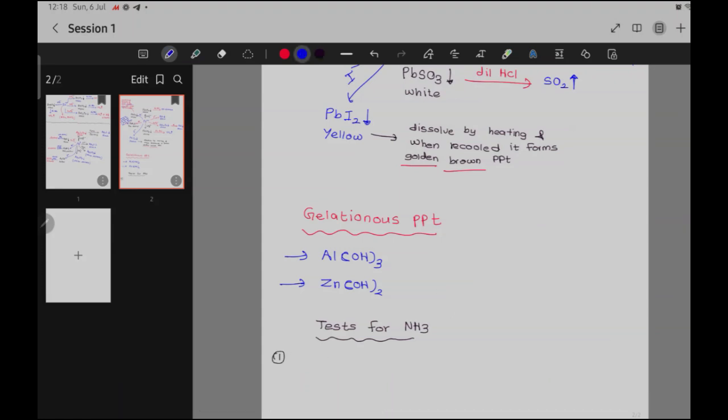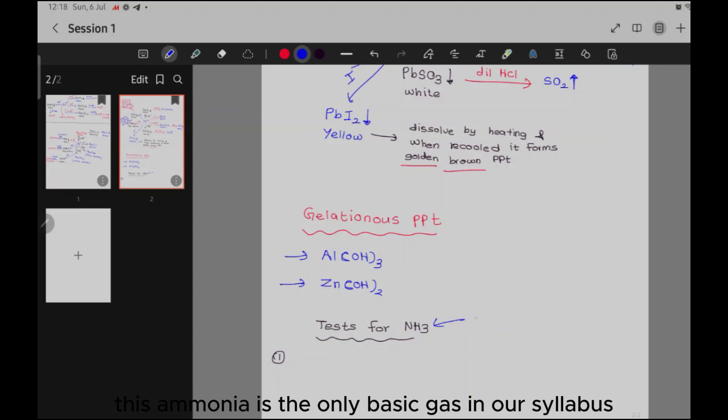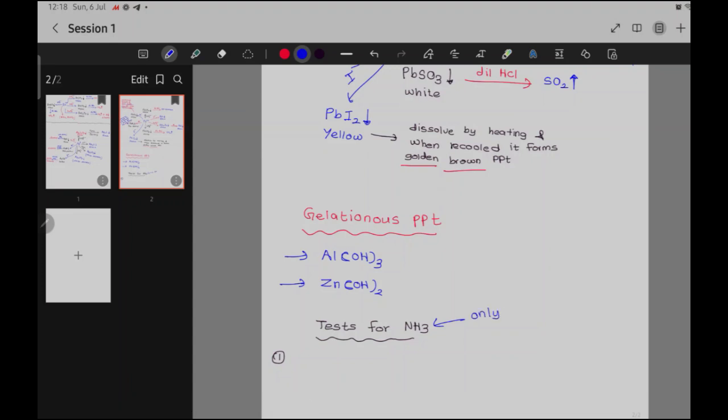This ammonia is the only basic gas in our syllabus. Remember that, only basic gas. There is no other basic gas in our syllabus other than ammonia. So the first test to identify ammonia is it turns red litmus to blue.